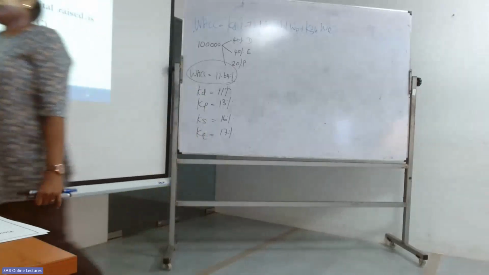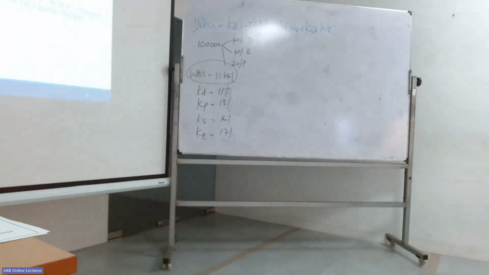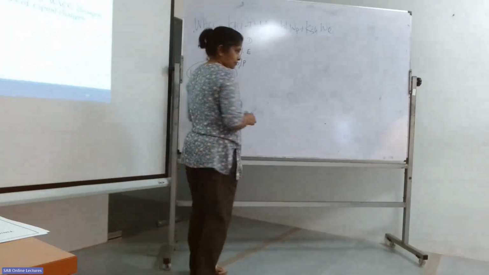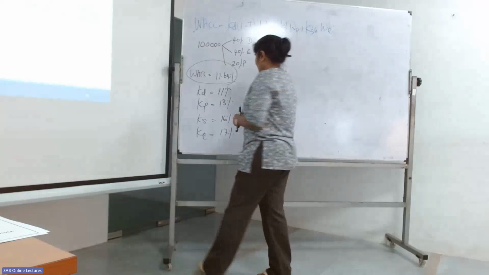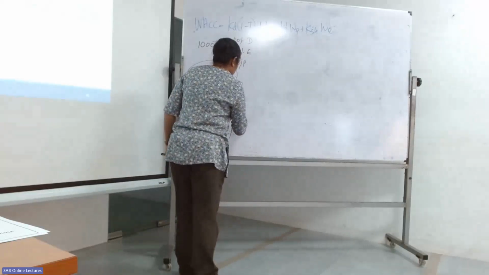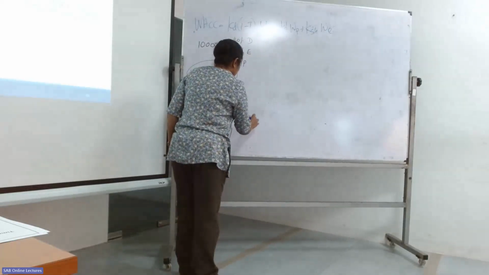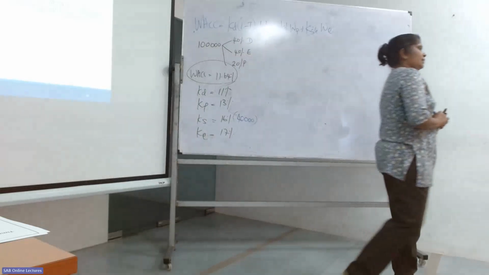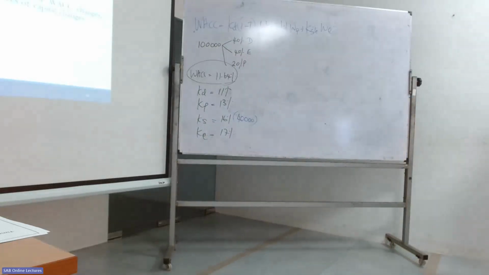Now suppose this ABC PLC has retained earnings of 40,000. Right? So up to what capital level is this 40,000 sufficient? Then we allocate retained earnings in half.